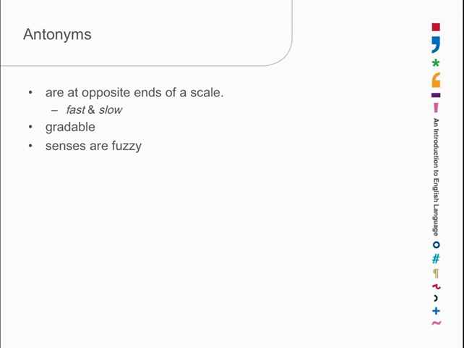Somewhere along the scale, fast stops, and a little further down, slow starts. But exactly where their extremities are, just how fast fast is and how slow slow is, isn't exactly clear. And as we'll find later, that makes them very useful. Just the fact that they're imprecise.